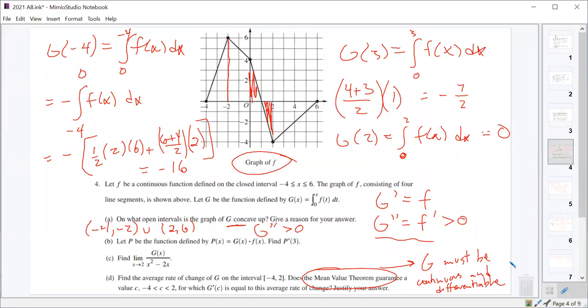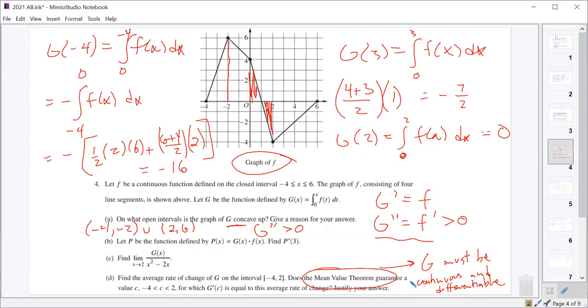True? Okay. So in here, it says that f is continuous. If f is continuous from -4 to 6, that means that the derivative of g, which is f, exists everywhere on that interval, doesn't it? Yeah. And if the derivative exists everywhere on that interval, then that function must also be continuous and differentiable, right? So if the function is differentiable, the function is also continuous.